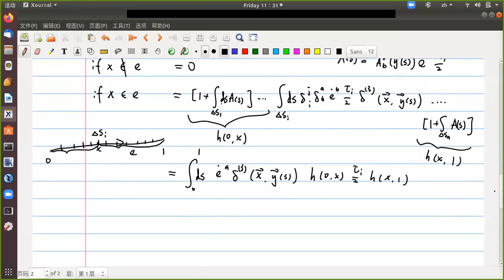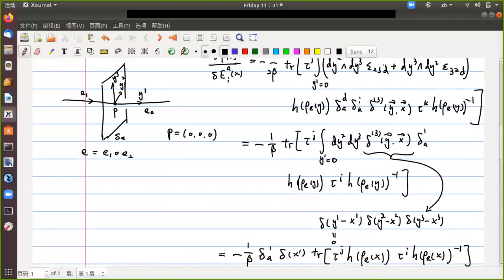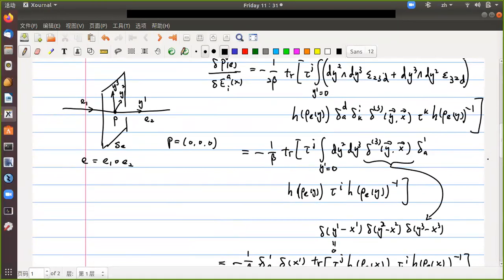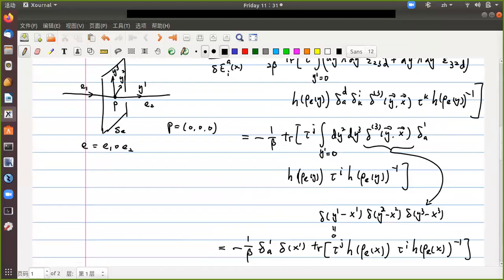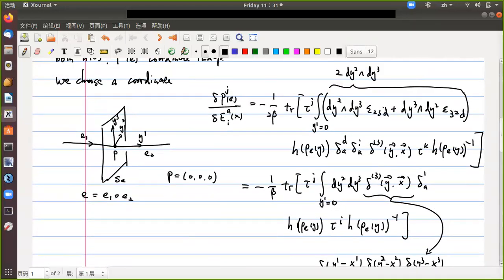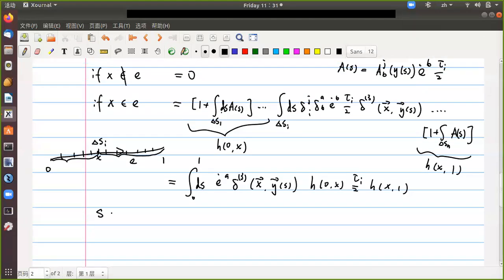And now let's use the special coordinate. Again, we have introduced the coordinate, and here we assume that y1 is just the parameterization of this edge. We can choose a parameterization, right? Here we chose the parameterization s, but I can just set s equal to y1.